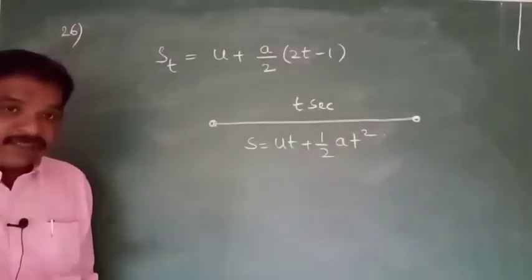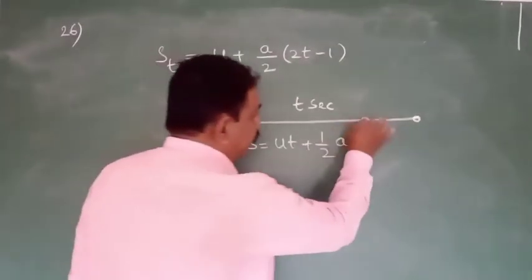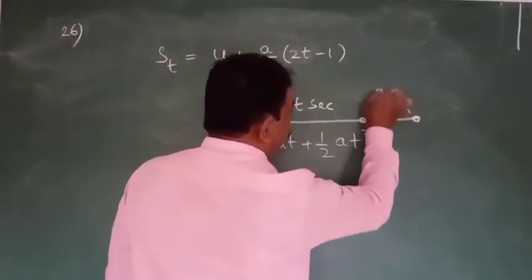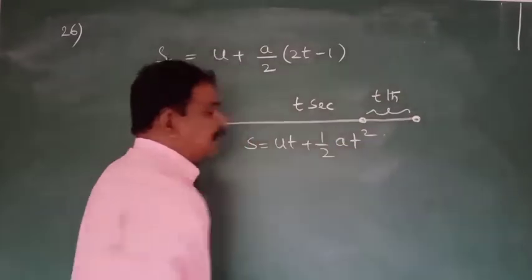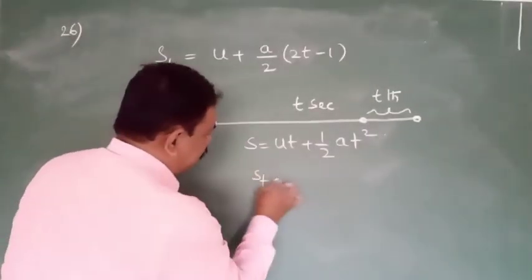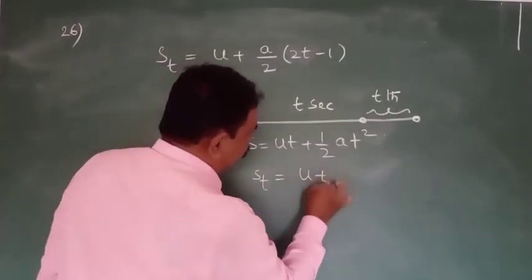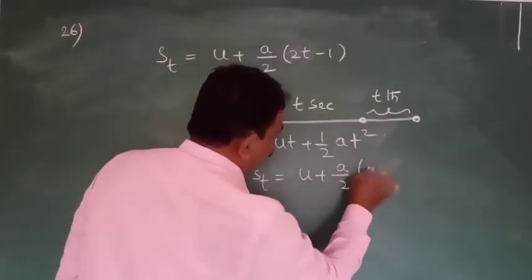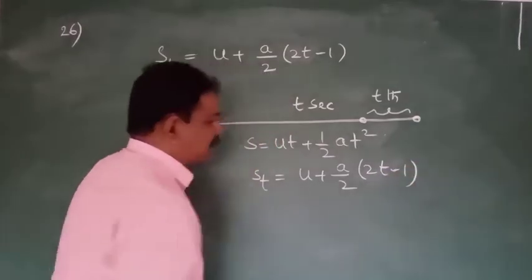In the tth second means the last second of its journey. This will be the tth second. Here, how much distance is traveled? To calculate, we will use the formula u plus a by 2 into 2t minus 1.